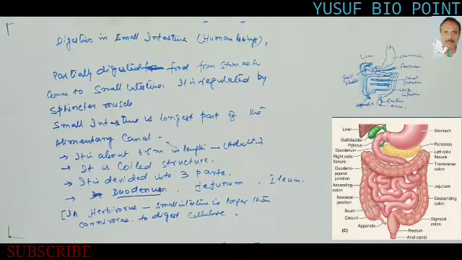So to digest this cellulose in the herbivores, the small intestine is too long.